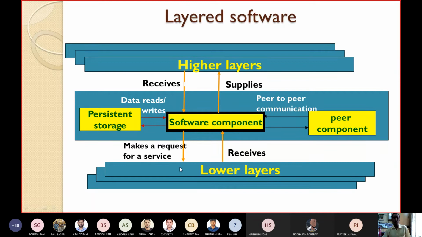Also, it makes a request for a service to the lower layer. In this way, you can see the architecture of the embedded software. This is known as layered software. The traditional function points, such as Albrecht function points or Simpson's function points, may not be suitable for this layered software or for the embedded software.